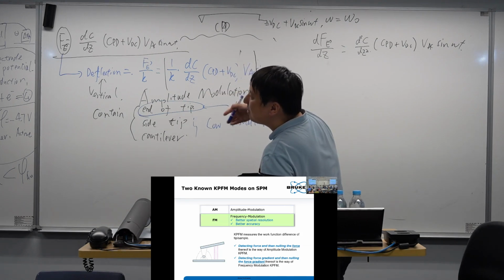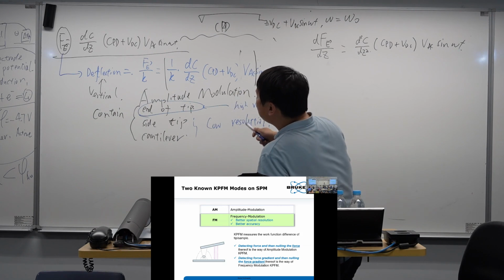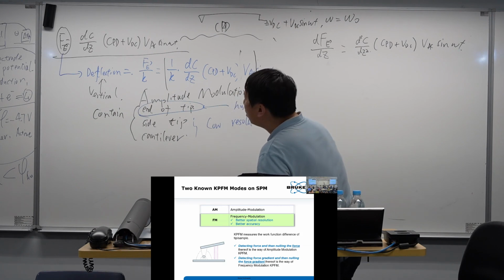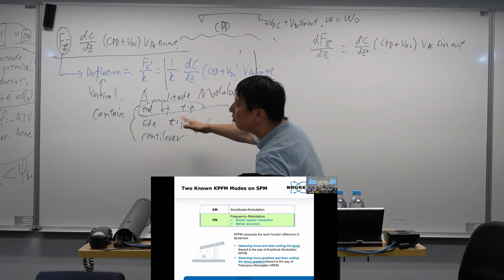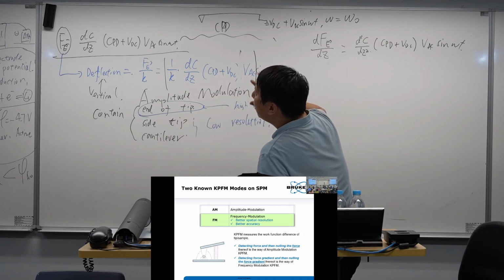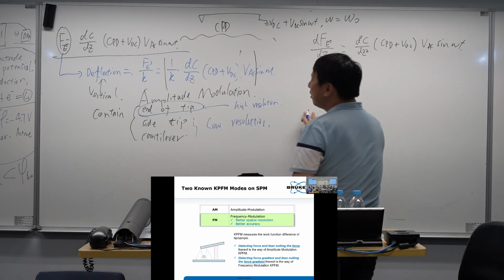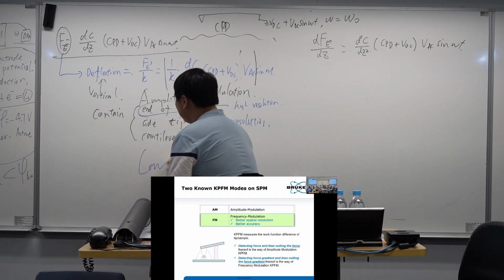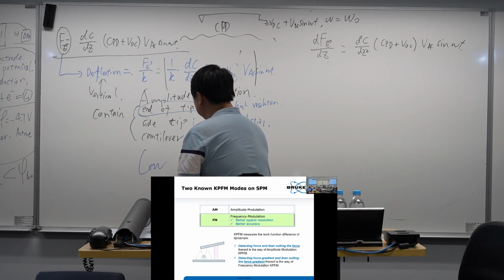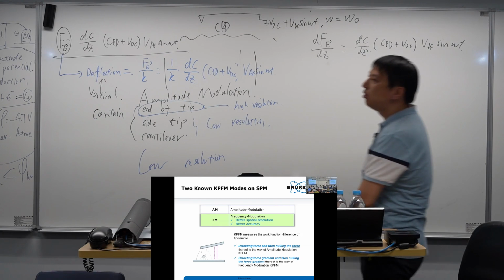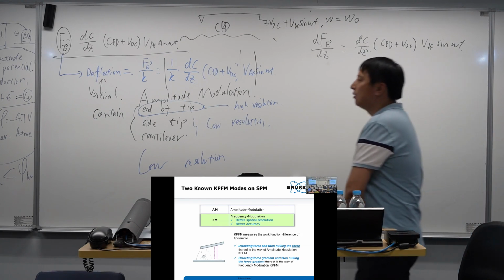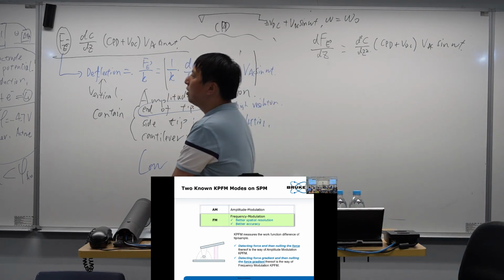It just senses the force. It does not know whether the force is from the end of the tip or other parts. So if we just use amplitude modulation, it actually gives us no resolution. It just messed up our resolution.